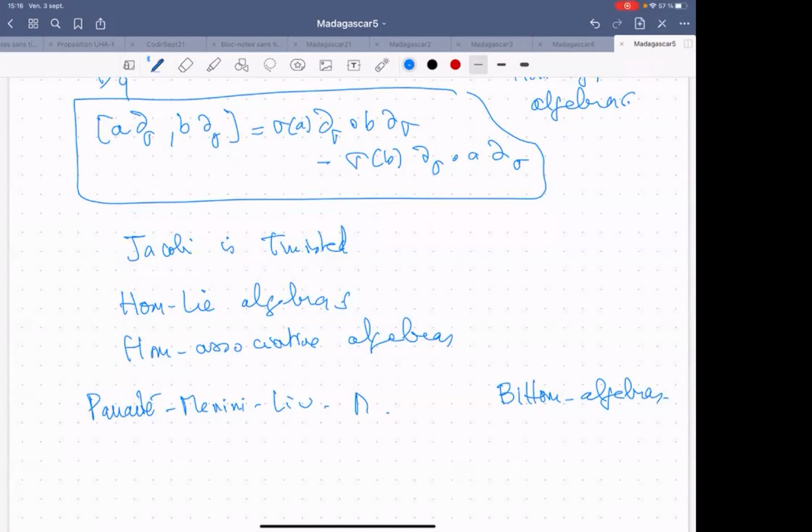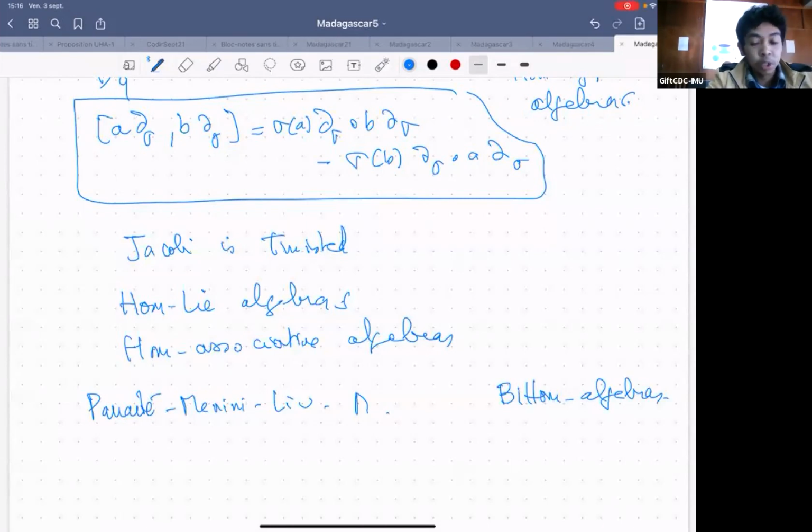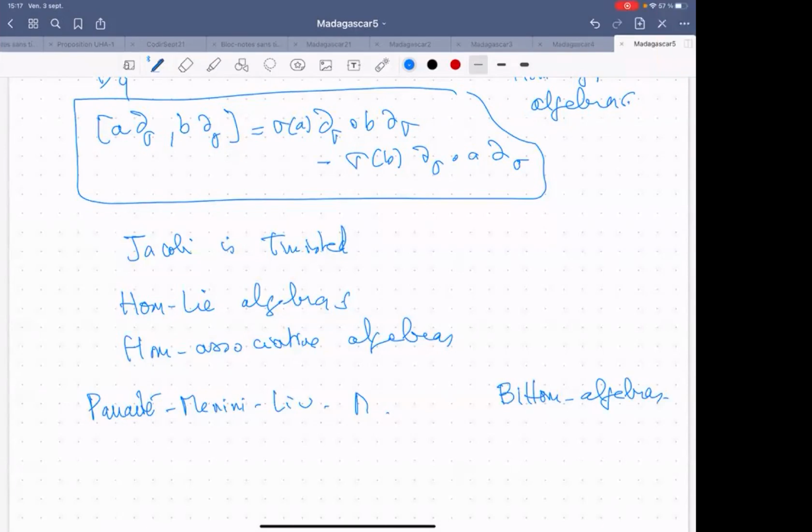Then it's a formal power series, yes? Yeah, a power series. So can we interpret it as a perturbation of algebraic structure? Yes, but deformation, perturbation, these are just names.